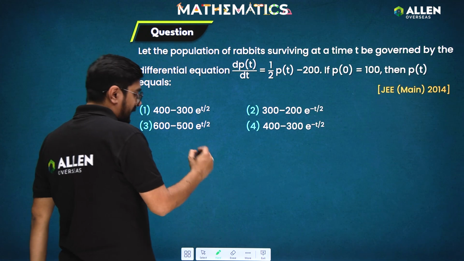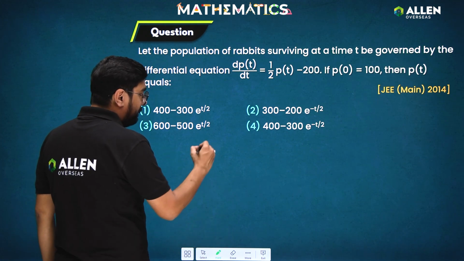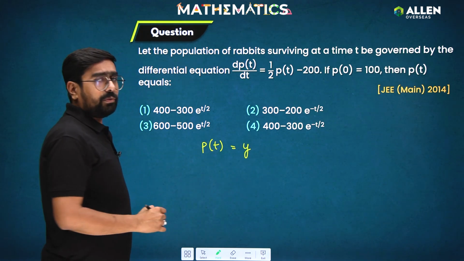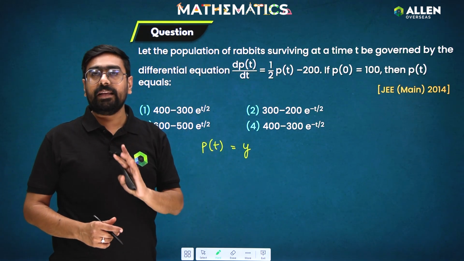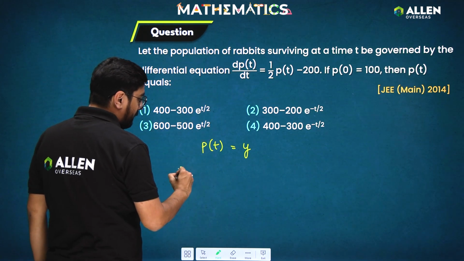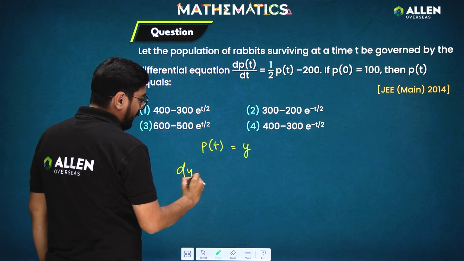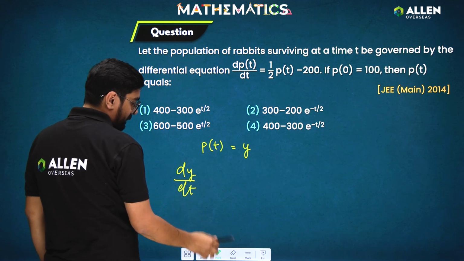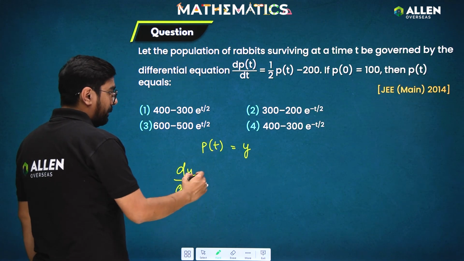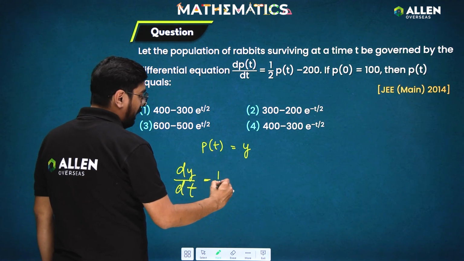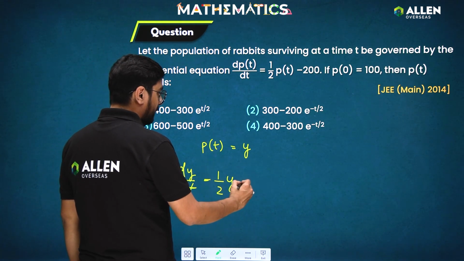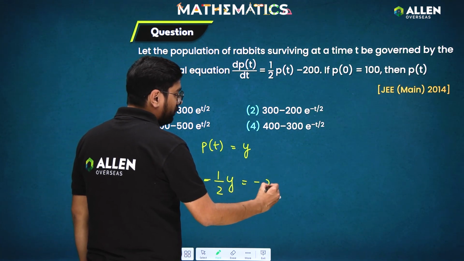Now, first thing which I can do is, I can take p(t) equal to y, so that I can write it as a differential equation. If I am taking p(t) equal to y, then this equation becomes dy by dt minus half into p(t), means again y, minus half y, is equal to minus 200.